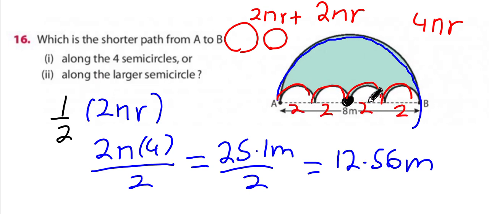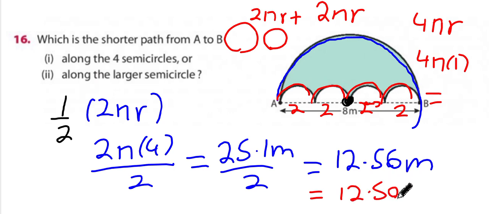Which means the radius is actually 1. Diameters are 2, radiuses are 1. So, what's 4 pi multiplied by 1? Into the calculator for me. 12.56. So they're both 12.56, which means they're actually the same, they're equal.